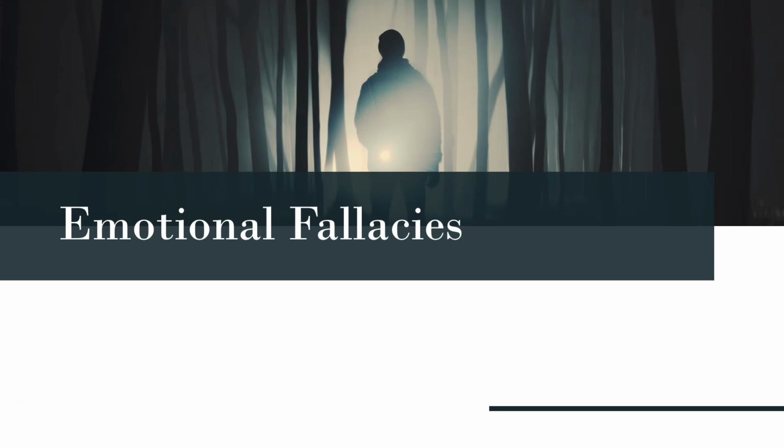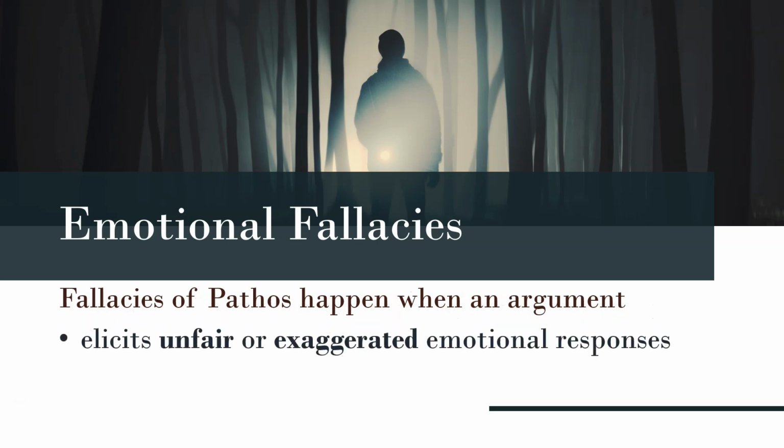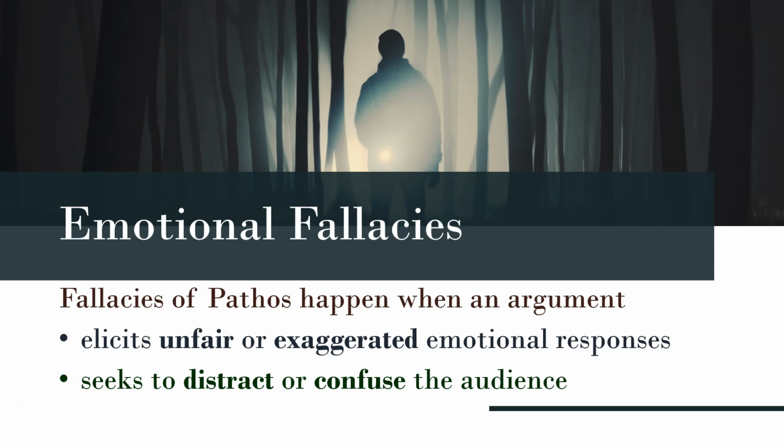Next, we're going to take a look at emotional fallacies. So these are fallacies of pathos or pathetic fallacies. And these types of fallacies happen when an argument elicits unfair or exaggerated emotional responses, or when an argument seeks to distract or confuse the audience, shifting the focus away from the issue at hand.